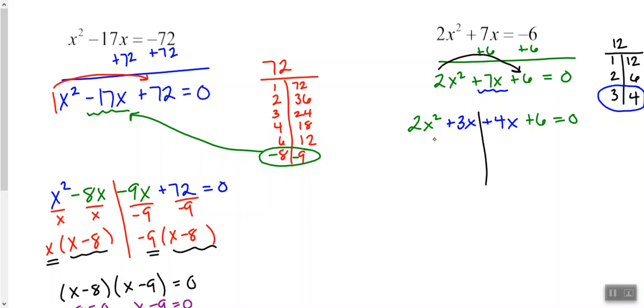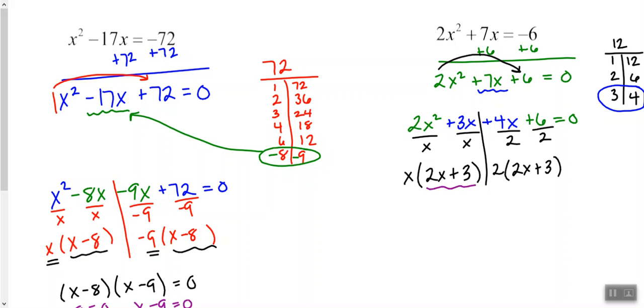Split it in half. GCF of the first two is x, so x goes in front, and I'm left with 2x plus 3. GCF of the second two is 2. 2 goes in front, and I'm left with 2x plus 3.